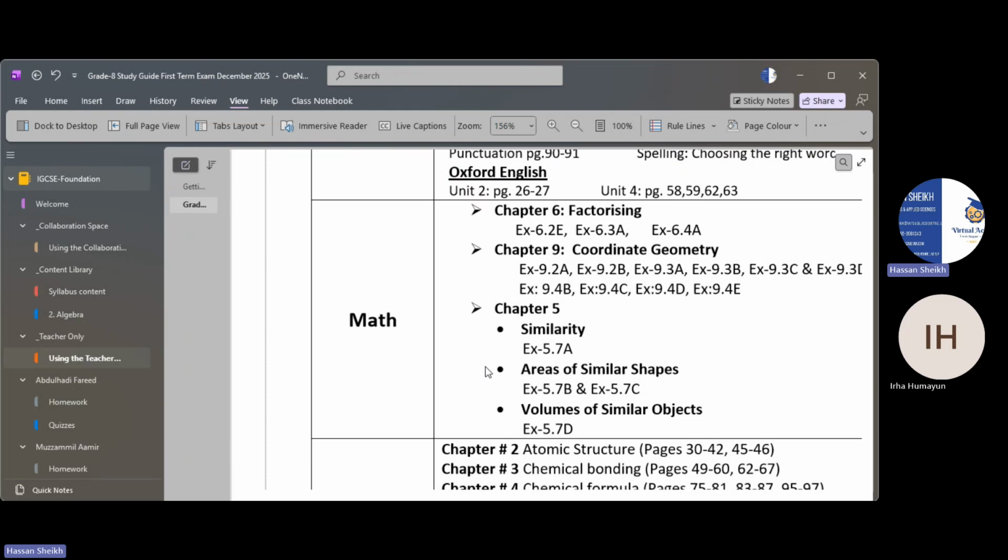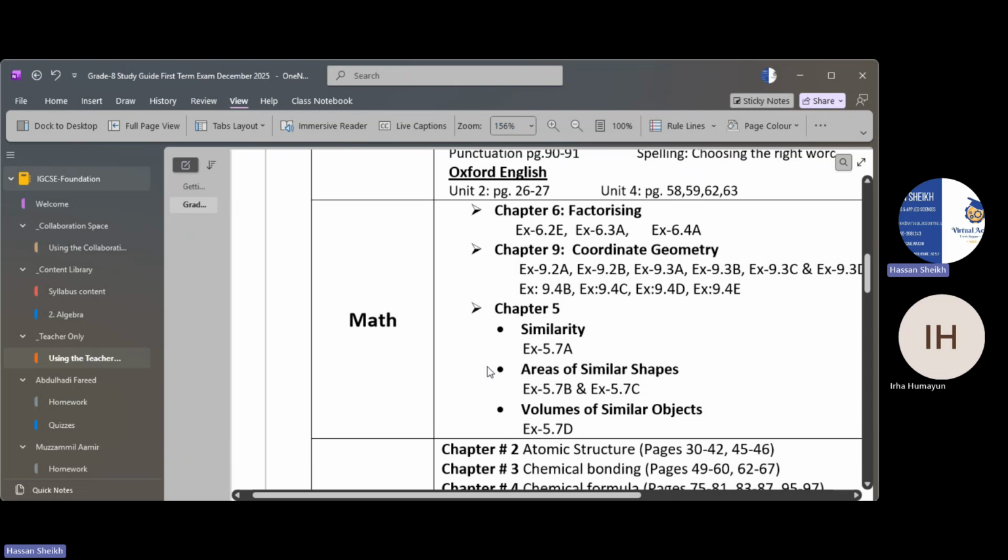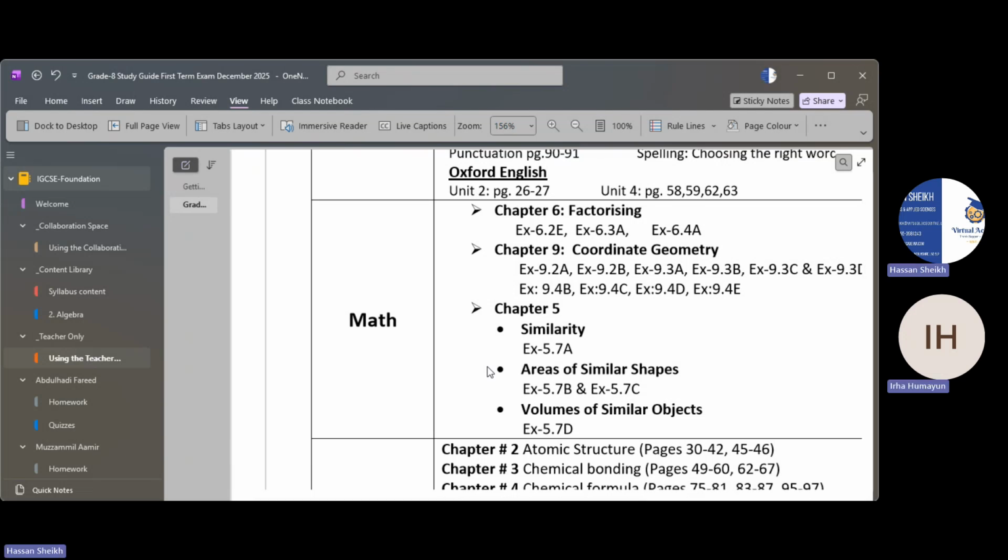So I'm not going to cover 5.7a, 5.7b, 5.7c, or 5.7d. The reason is that these exercises are just for your homework or practice purpose. But believe me, they won't include any question from these exercises in your assessment. Yes, sir.